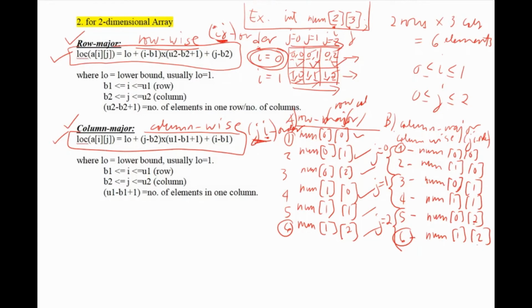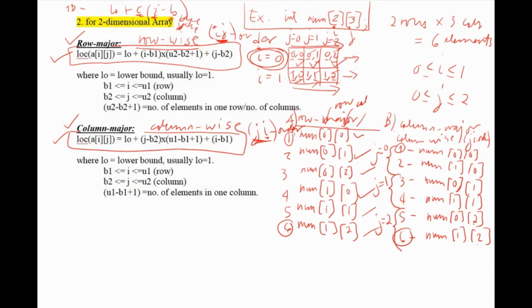Now from our lesson for 1D, the addressing function is L sub O plus C times I minus B, where C is the number of memory words allocated to one element, I the index of the element, and B is the base value, which is equal to 0.